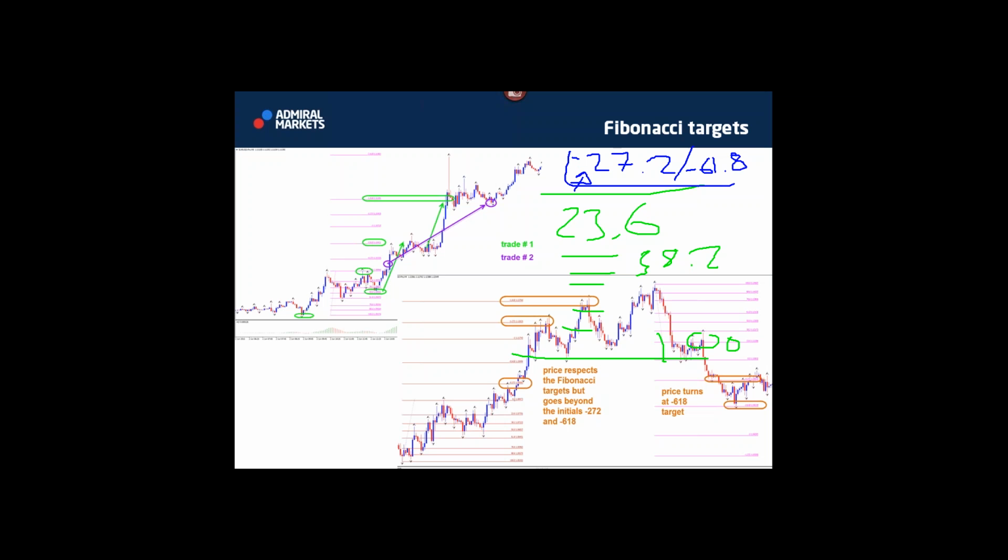These are the targets I'm using. Those are the main targets for any of the positions. Sometimes price does accelerate when it's strong in a trend and when there's a good impulse. Okay, so 23.6 is a retracement.